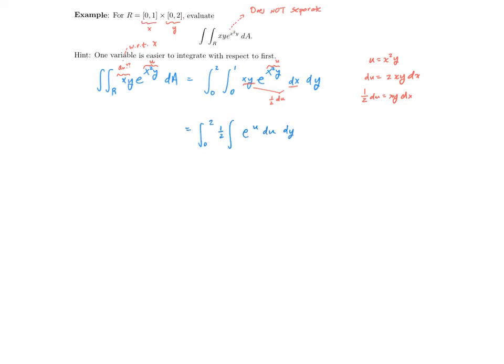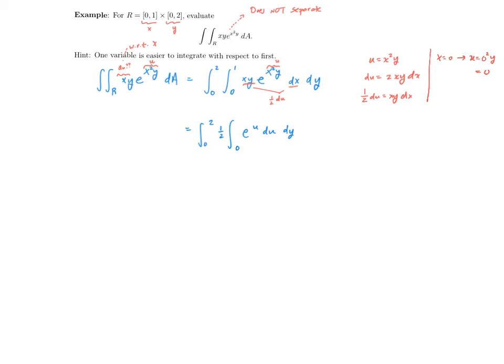And with a substitution, we always change our limits of integration. We start off with x equals 0, and if we look at our substitution, u would be 0 squared y, which is 0. That gives us our new lower limit of integration.